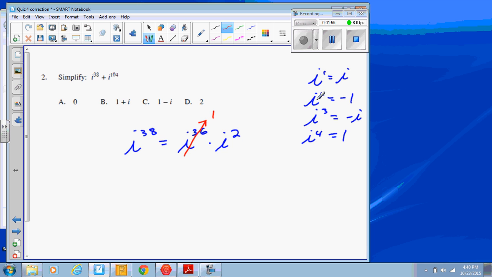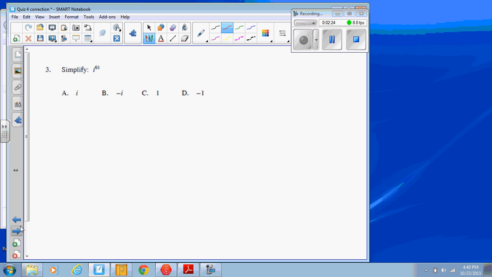And i to the second says it's negative 1. So this number right here is negative 1 plus. Now i to the 104th, 104 is a multiple of 4. So i to the 104 is just equal to 1. So negative 1 plus 1 is 0, and that's the answer to number 2.